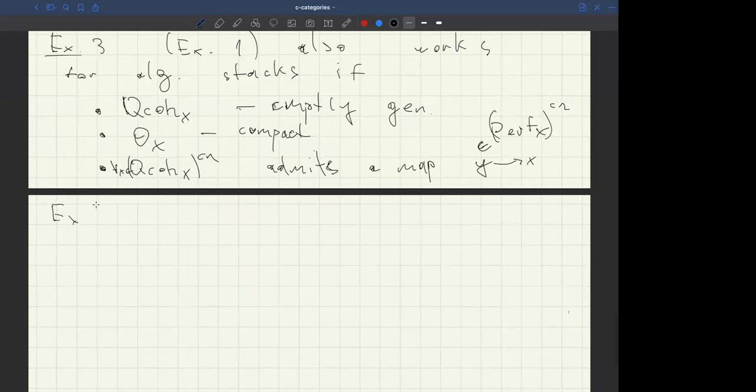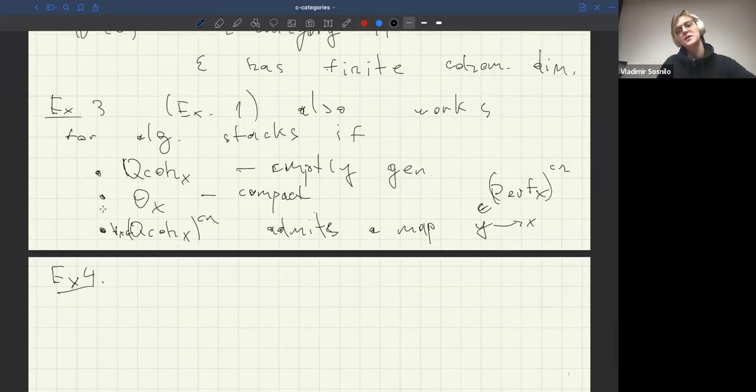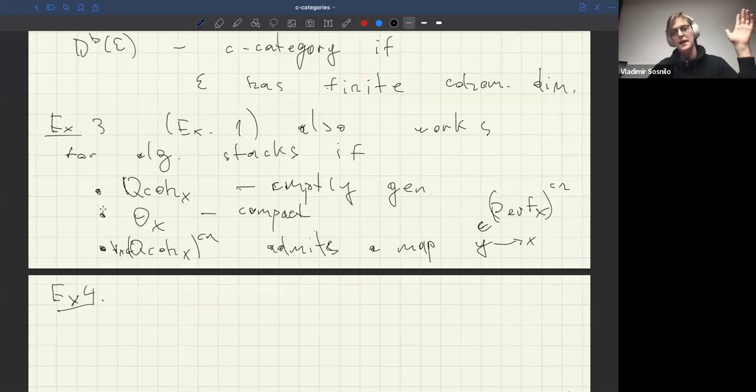What are examples of algebraic stacks satisfying these three properties? For instance, in characteristic 0, you can take any quotient stack. You take any affine group scheme acting on any algebraic space, and you take the quotient; it satisfies that. But it's also satisfied more generally.